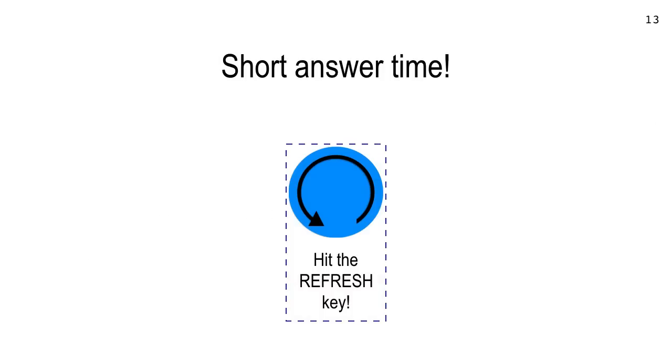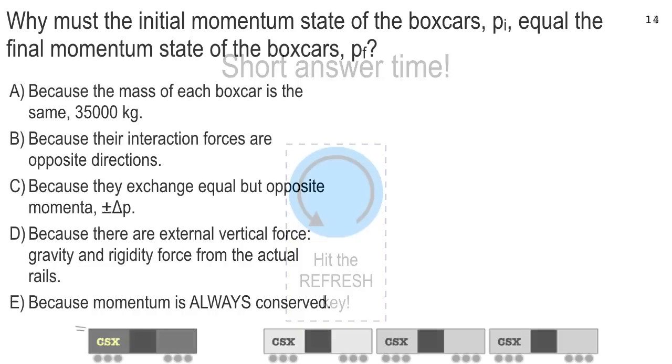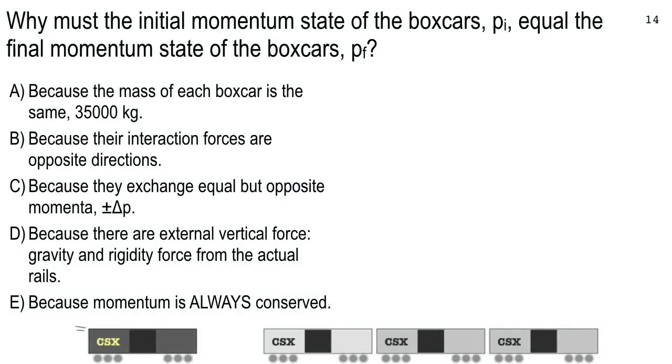So I'm going to ask you a question. Hit the refresh key and answer this question. Riddle me this. Why must the initial momentum state of the boxcars, P subscript I, equal the final momentum state of the boxcars, P subscript F? So think about that. How would you answer that? Type in a letter and hit the send key.